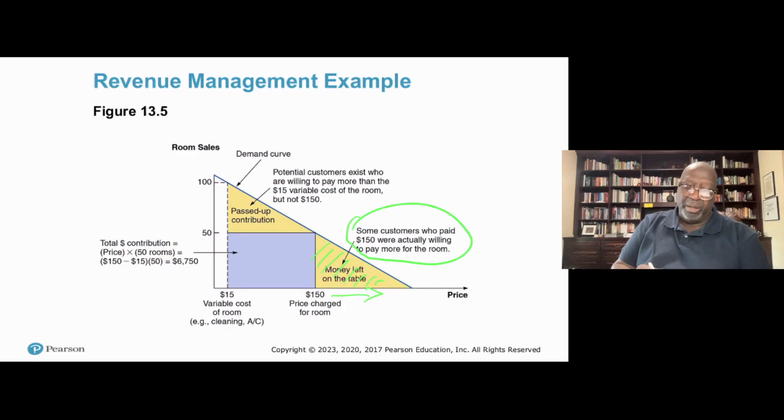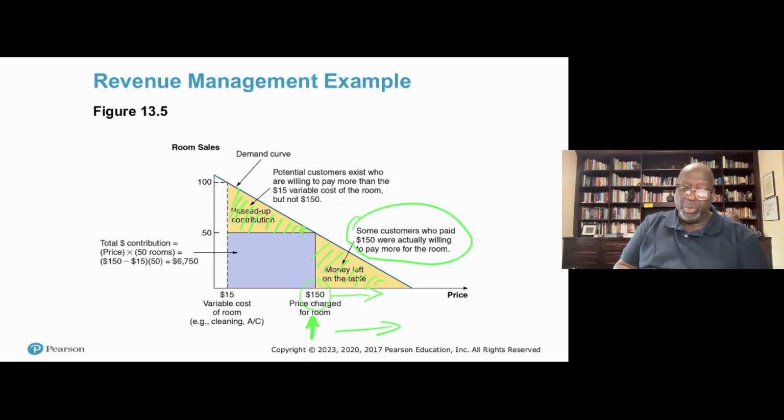Some potential customers exist who are willing to pay more than the $15, right? But not the $150. So in a case like that, that's this group right here. So what this is actually showing us is that when you determine the price that you're charging for something, there's a certain percentage of people who want to pay more, but will get the break that you're offering them.